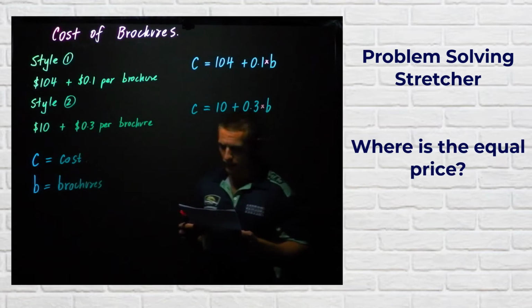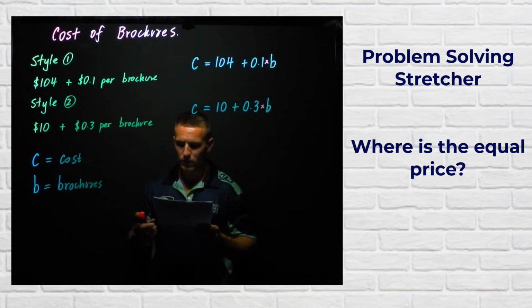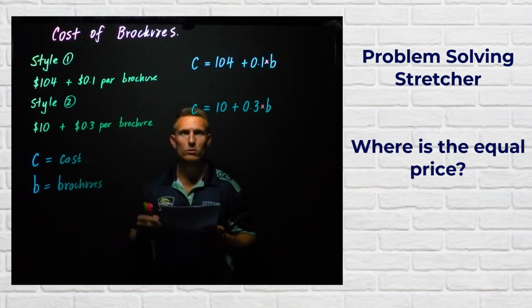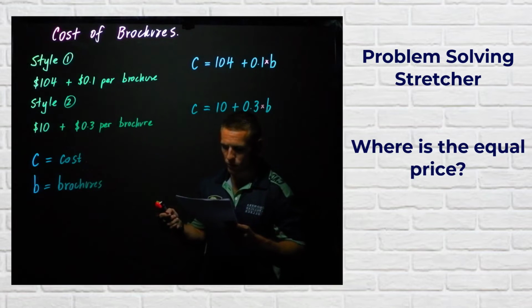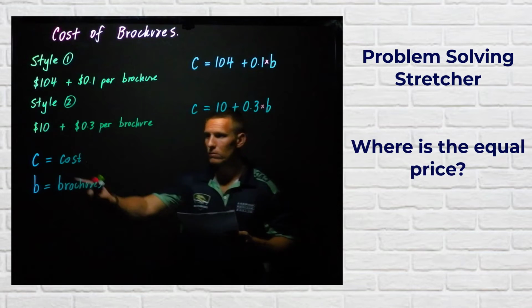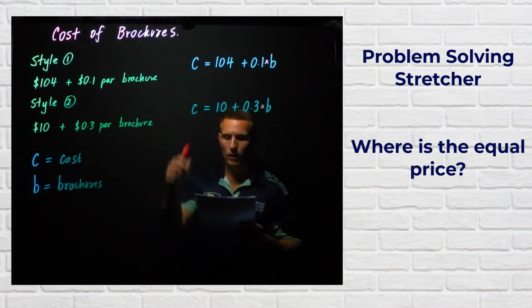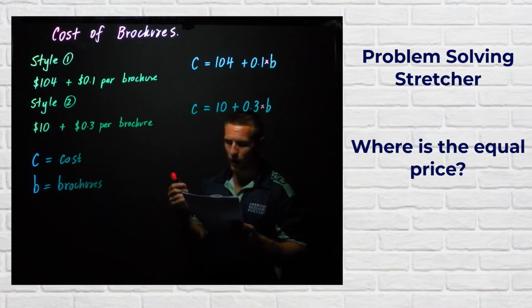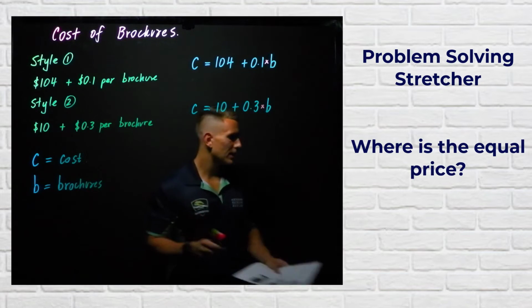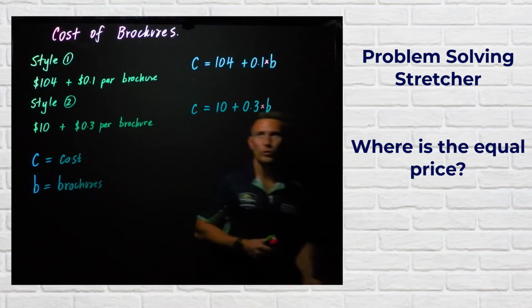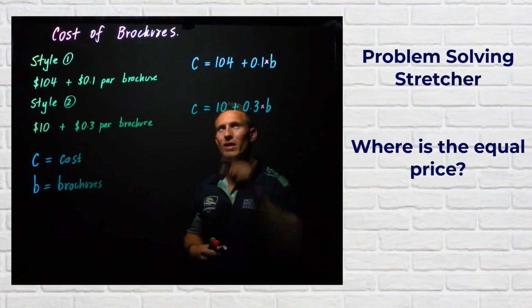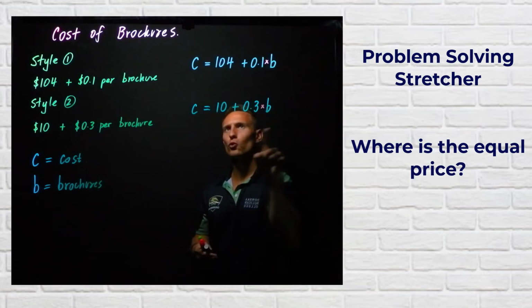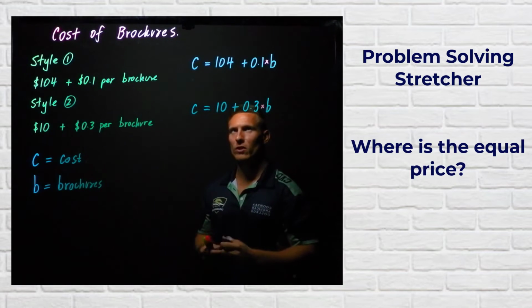Okay, so the question we're trying to answer is, for how many brochures will the cost, C, for both styles be the same? So we know that the cost is going to be the same, so we can make these two equations equal to each other.